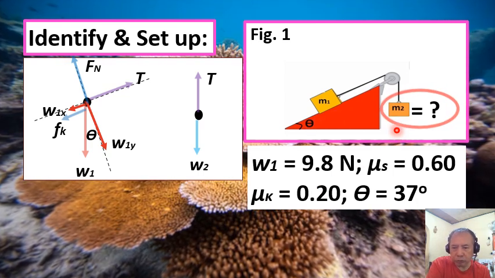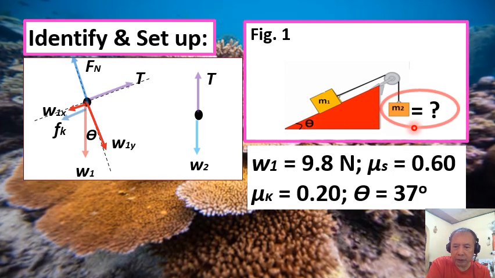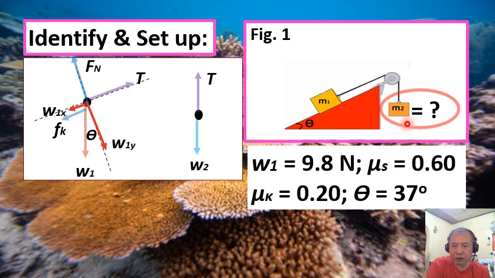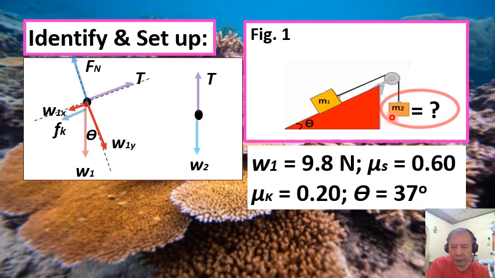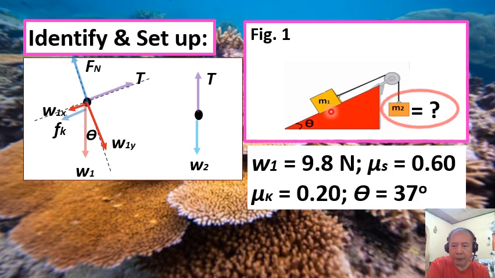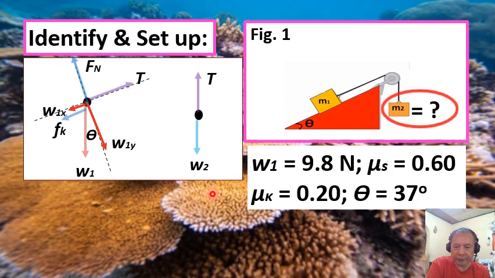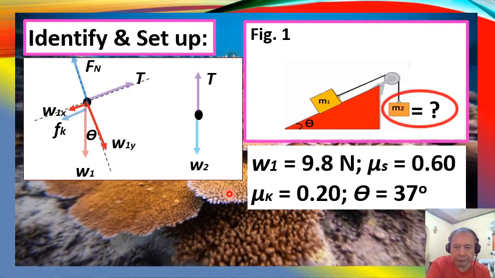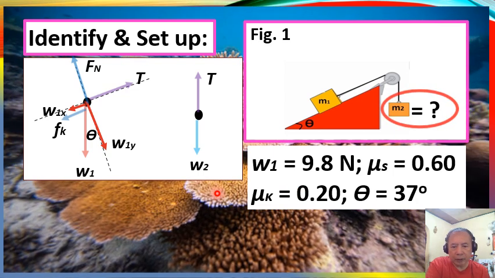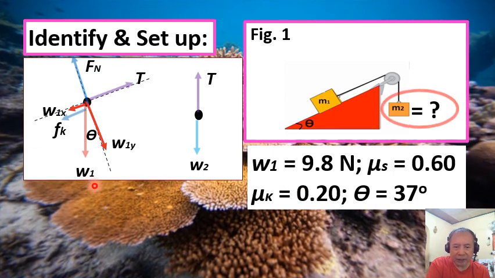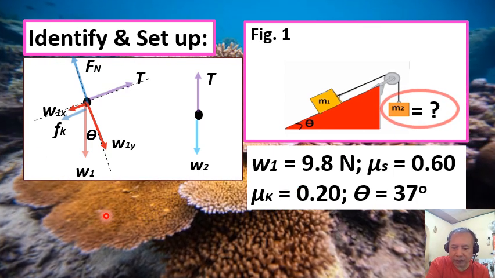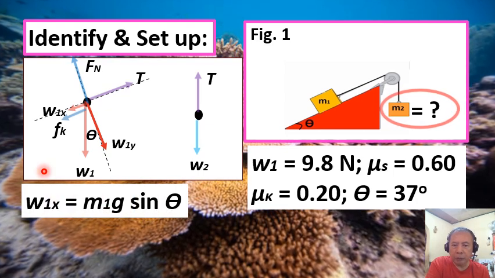And in case 2, we will also determine the value of m2 such that the motion of m1 is down the incline. So we start by expressing the x and y components of the weight W1.